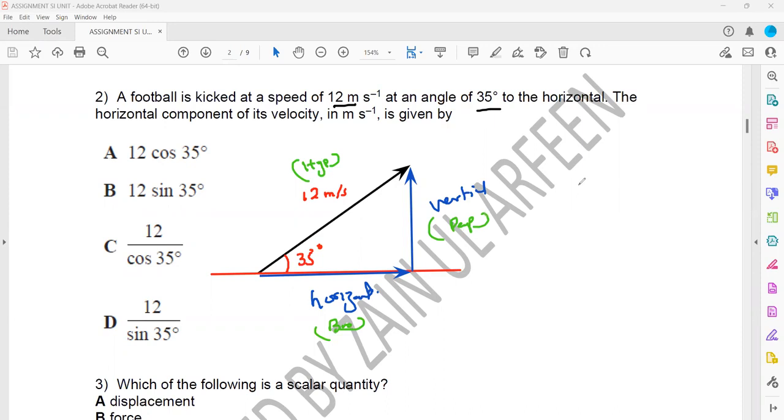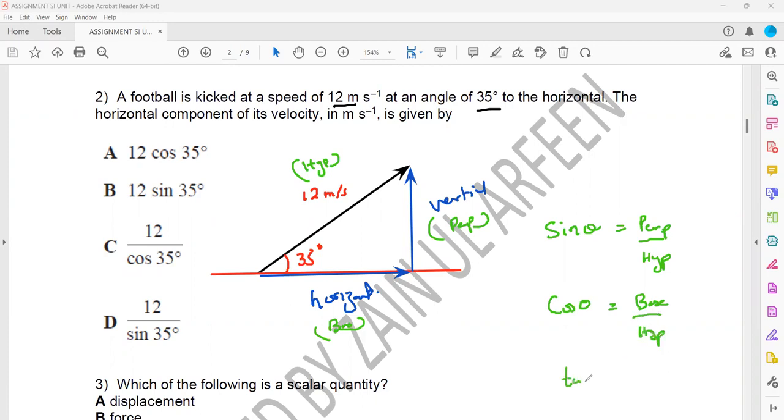So the three trigonometric ratios which we have: sine theta, which is perpendicular divided by hypotenuse. We have cosine theta, which is base divided by hypotenuse.